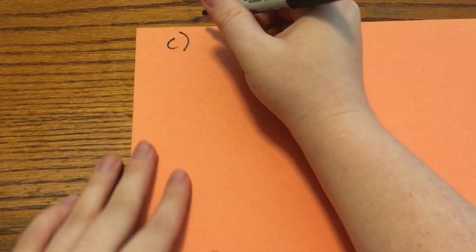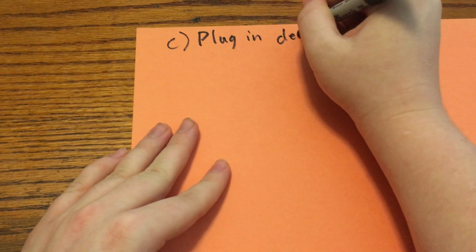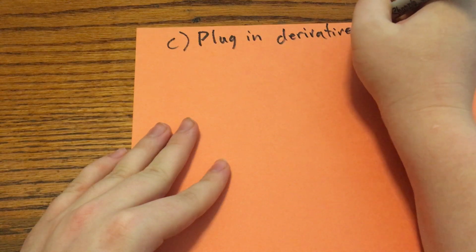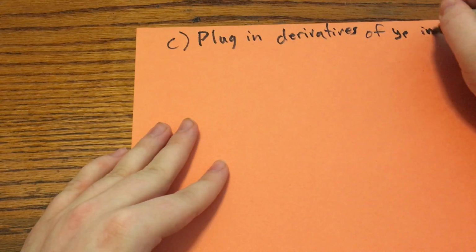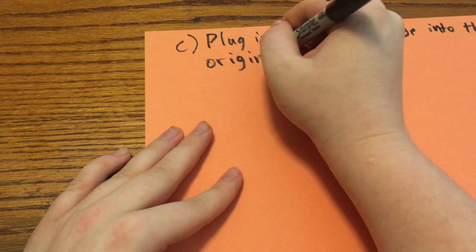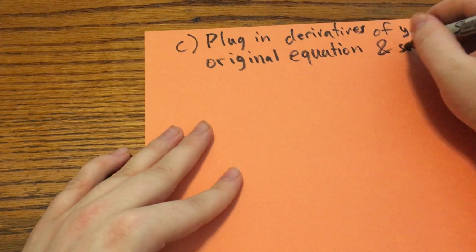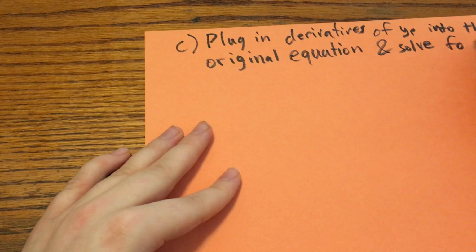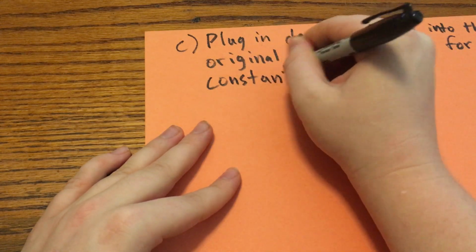I'll call it part C. And it is plug in derivatives of y sub p into the original equation and solve for the constants. In this case, the constants are just a and b.